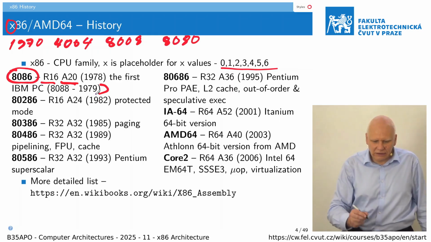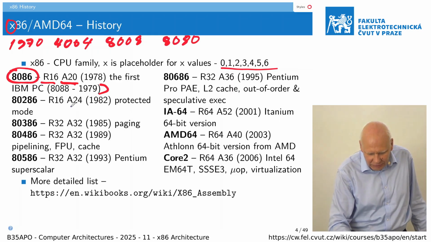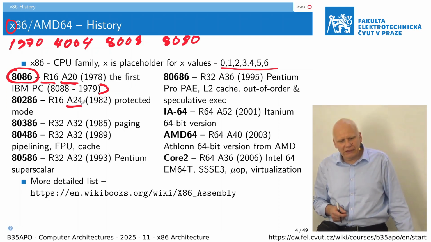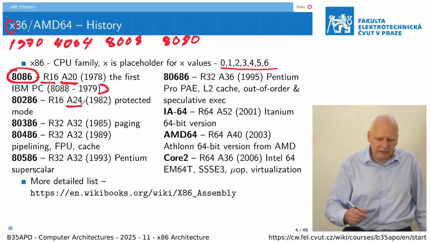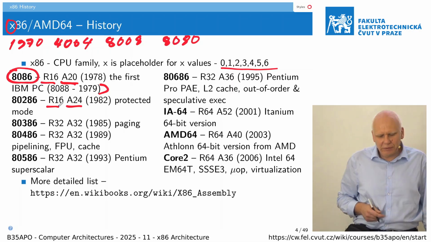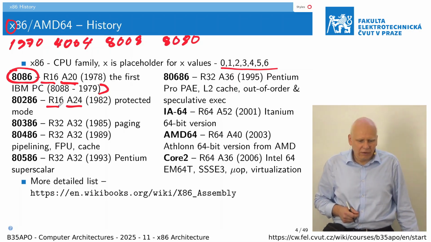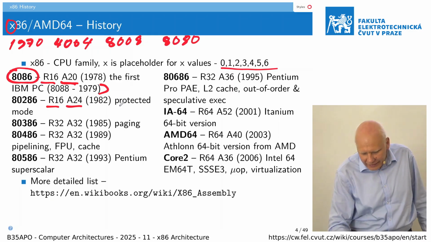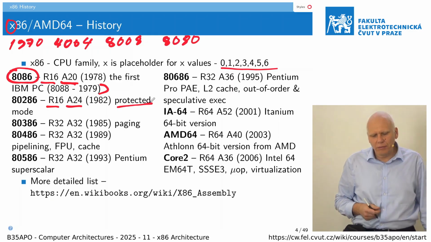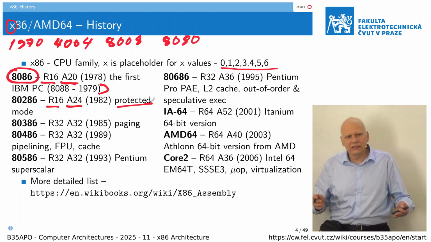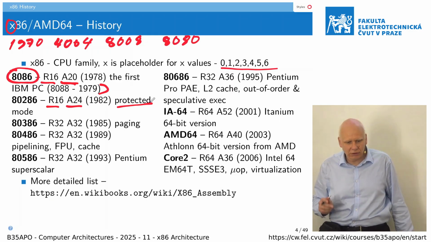Then the architecture has been extended to allow 16 megabytes of the physical address space, but still with 16-bit wide registers, which is quite narrow. And it added a protected mode, which allowed to protect the processes and some users and system and so on.